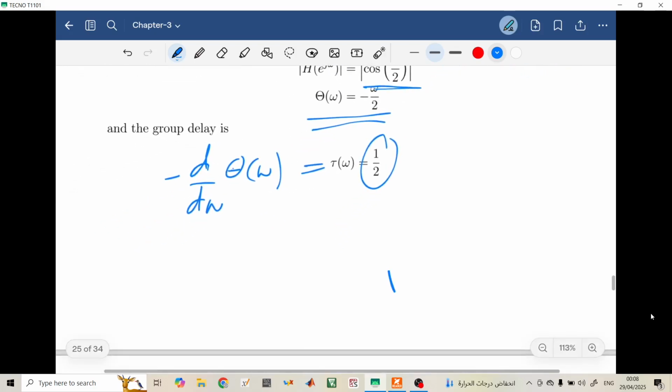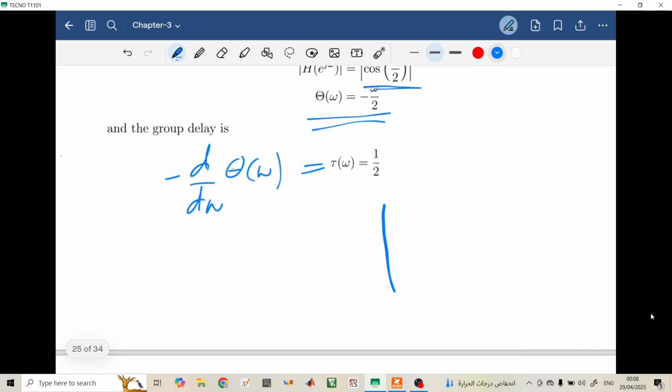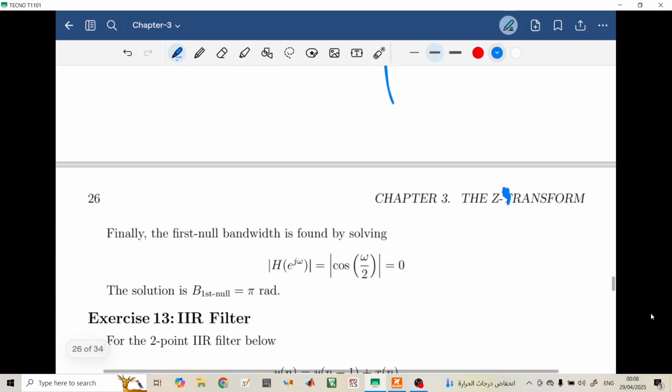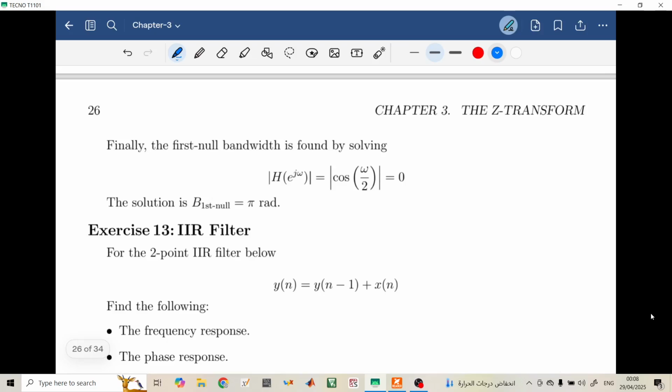So let us now find the bandwidth. The first null bandwidth, so we need to find omega that will give us a value of 0 here.